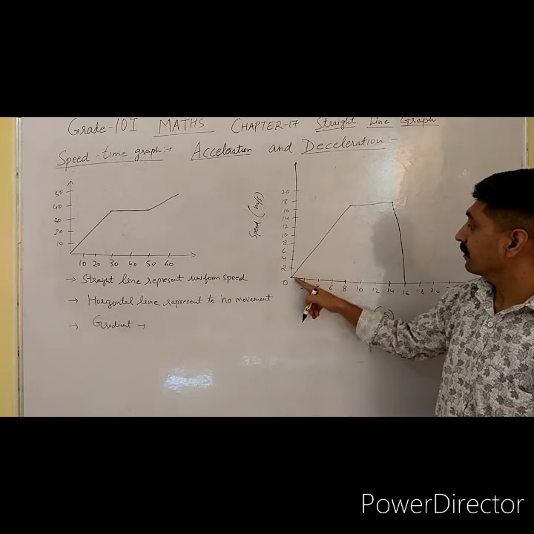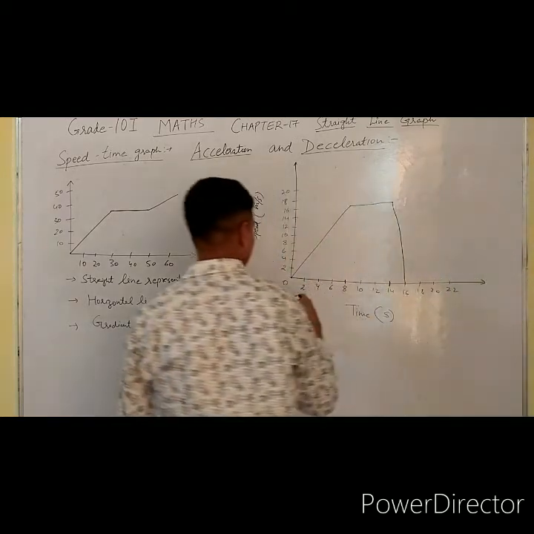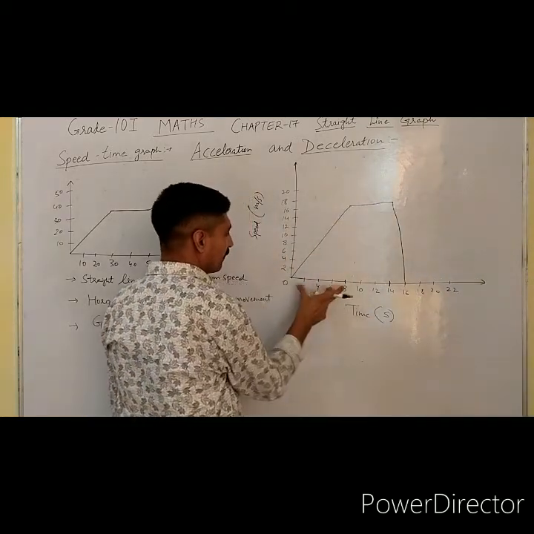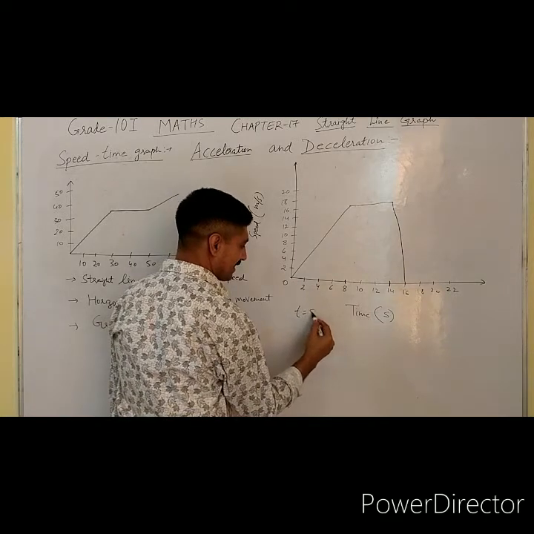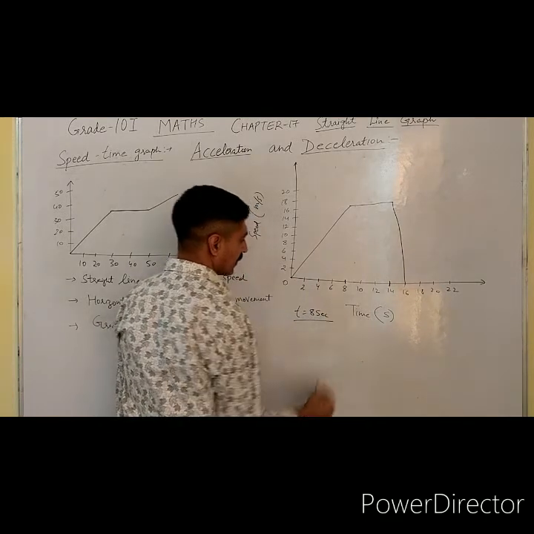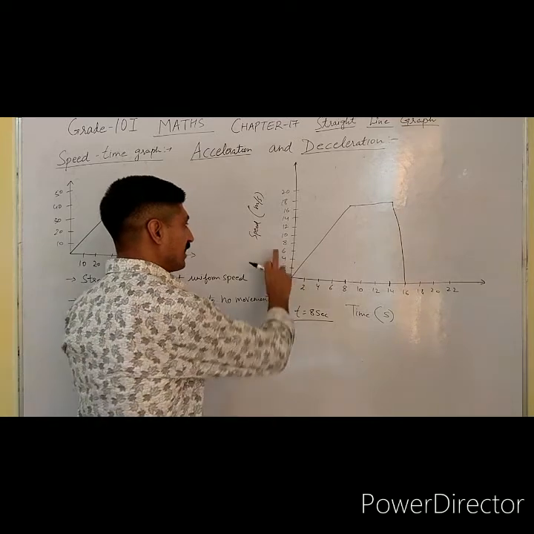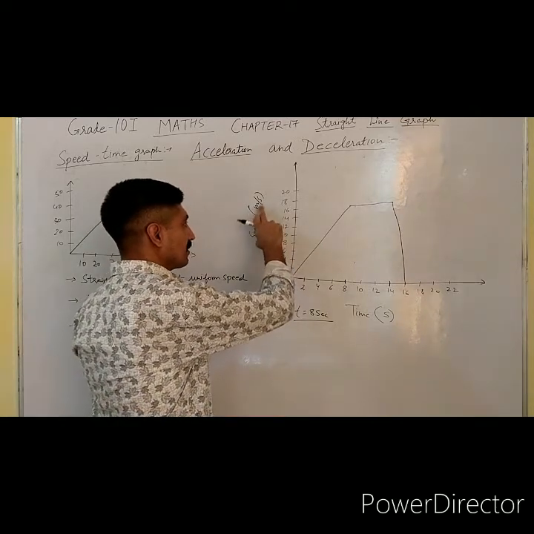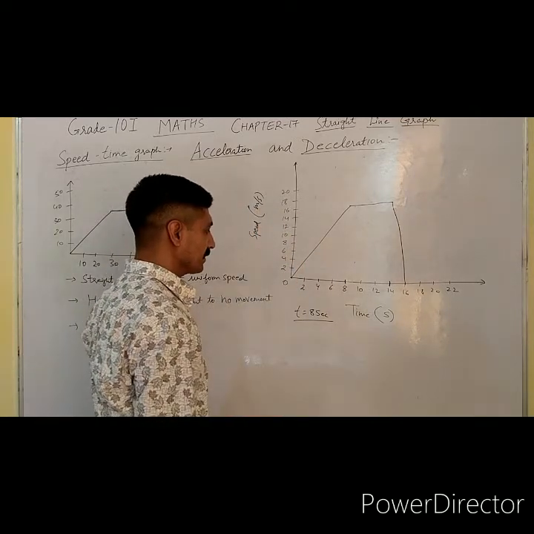For the first straight line we have the time, that is 8 seconds, and the speed, that is 16 meters per second.